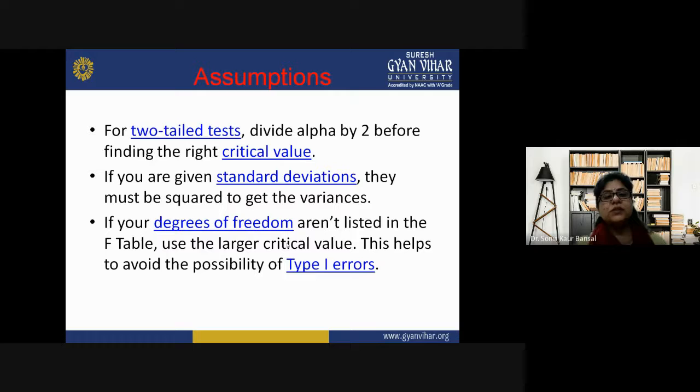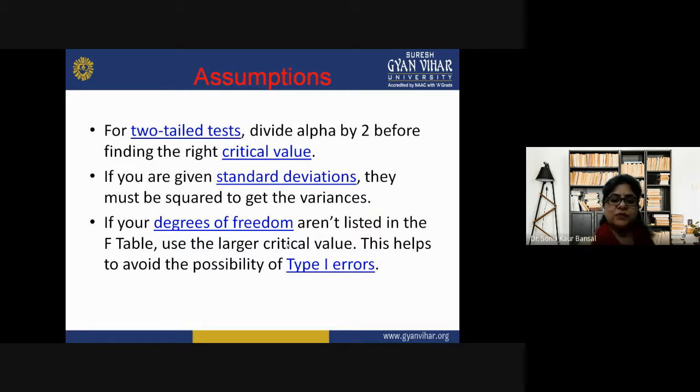Now, assumptions for a two-tailed test. Divide alpha by 2 before finding the right critical value. When you have a two-tailed test, divide your alpha value by 2. Whatever alpha value you have got from the table, you divide it by 2 before finding the right critical value for your test.